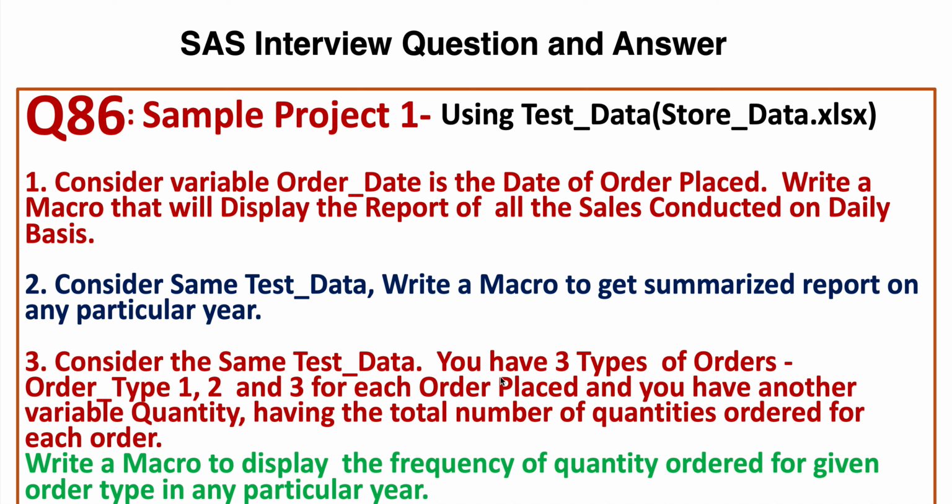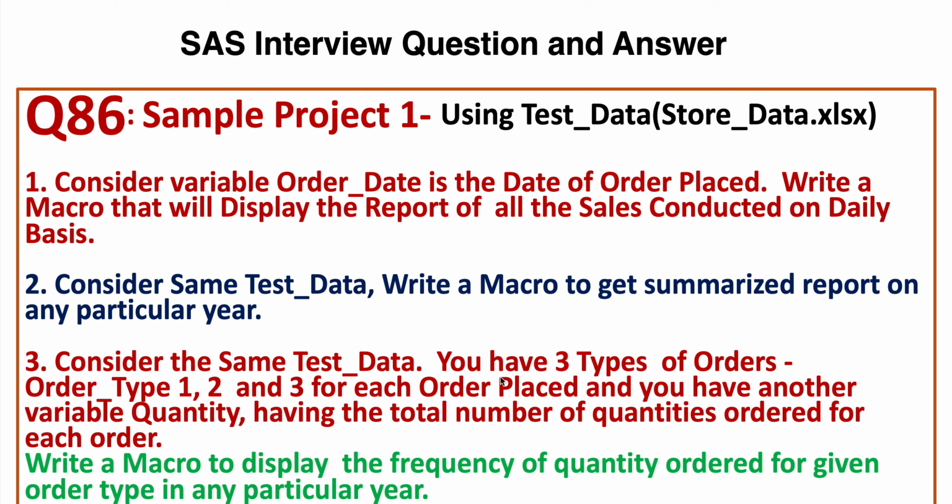Number 3, that means the third task, consider the same dataset, that is test_data. You have three types of order. That is, order types are 1, 2, and 3 for each order placed. And you have another variable quantity having the total number of quantities ordered for each order.